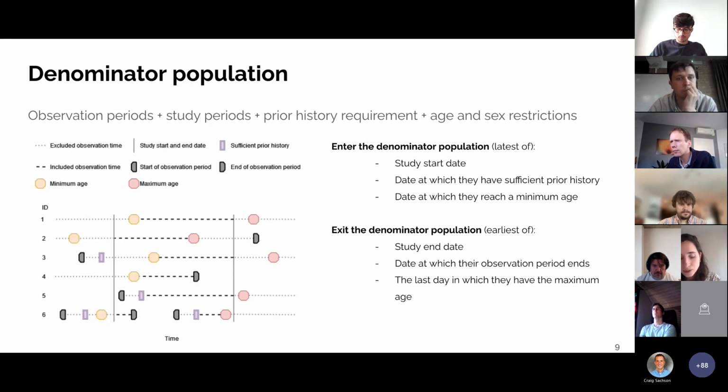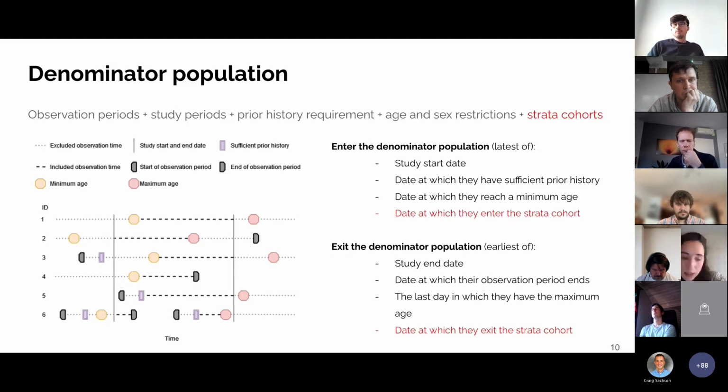We can use the package to identify a population within the whole database, but we can also restrict this denominator population to a particular subgroup of interest, maybe people who are taking a particular medication or who have a particular condition. And if we want to do this, we also have to consider the start and end date of these cohorts that we call strata.